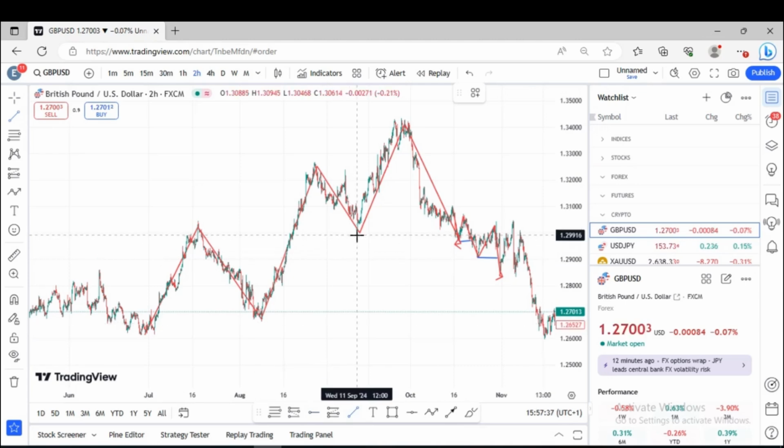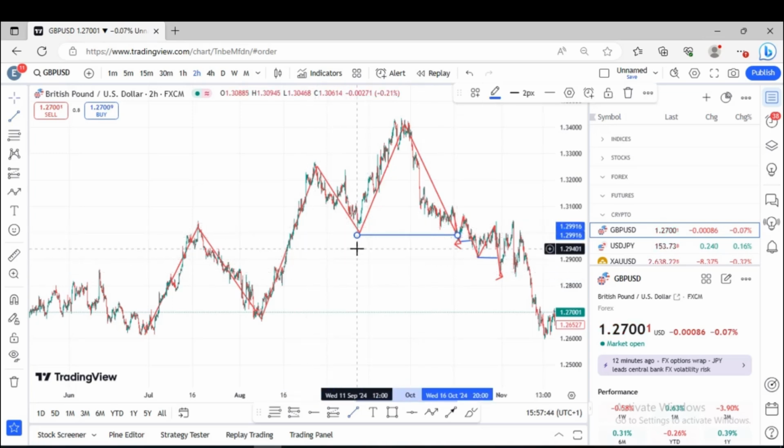From this point to this place, it broke it. So we now call it a change of character. That means the market has shifted from an uptrend direction to a downtrend. Do you understand it now?